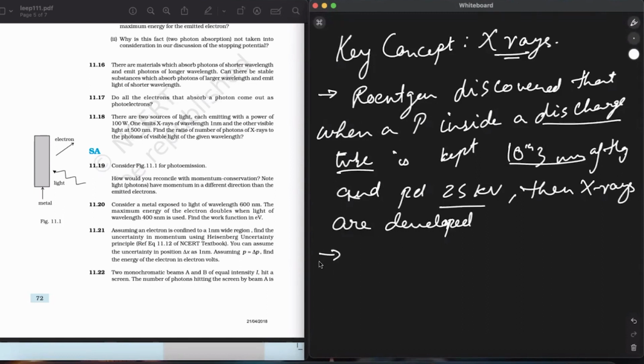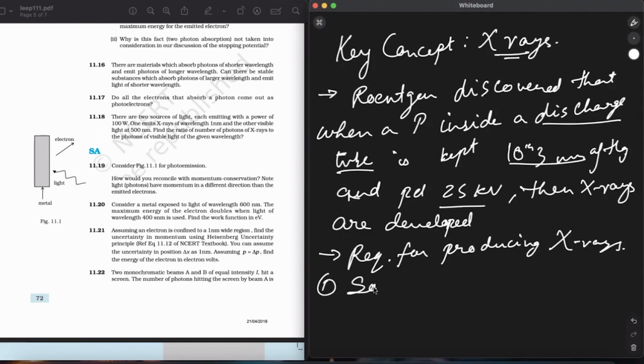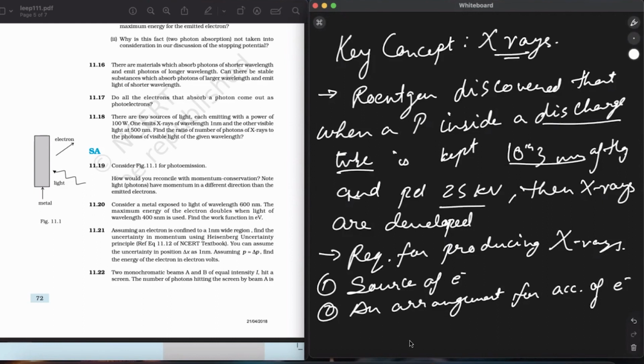Another thing you have to write. Now there are some requirements for production of X-rays. Number one, a source of electrons must be there. Number two, there must be an arrangement for the acceleration of electrons.